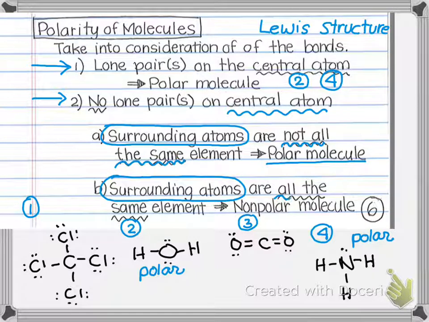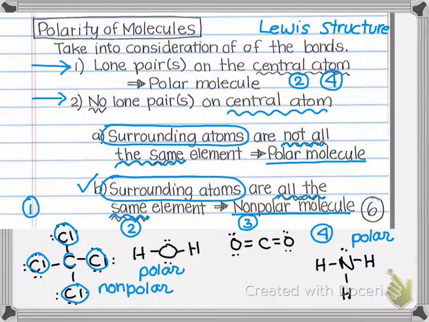If they are all the same element around the central atom, then it becomes a nonpolar molecule. So here I look at the carbon and I see that all 4 things are chlorine. So that means all the surrounding atoms are the same element, and this one is nonpolar. So those electrons would be evenly distributed around the molecule.